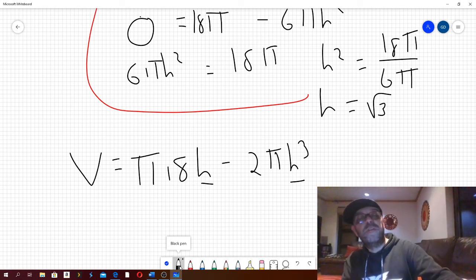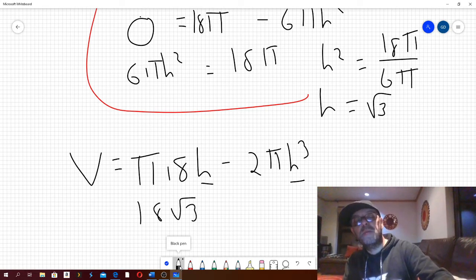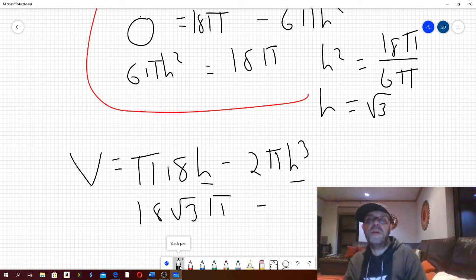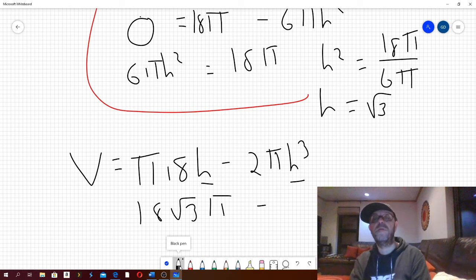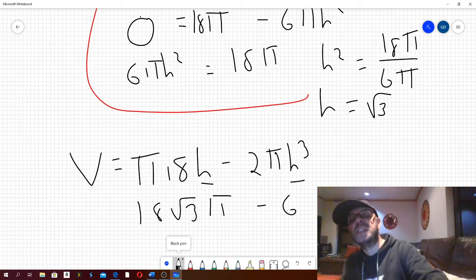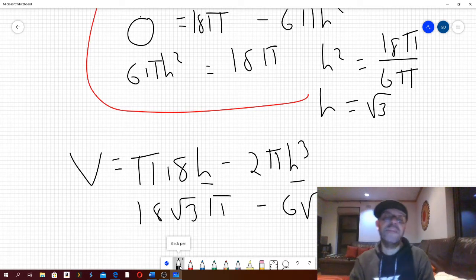So 18 root 3 pi minus, now h cubed would be root 3 times root 3, which is just 3, so that'll be 3 root 3, and times that by 2 we get 6 root 3 pi. So what's 18 root 3 pi minus 6 root 3 pi? It is simply 12 root 3 pi.